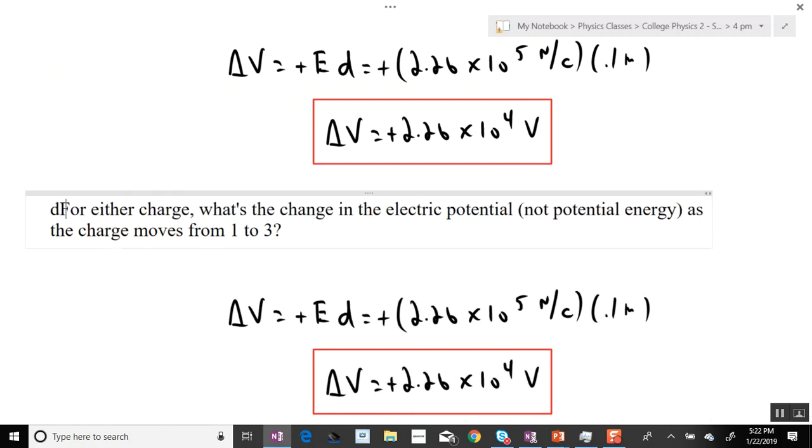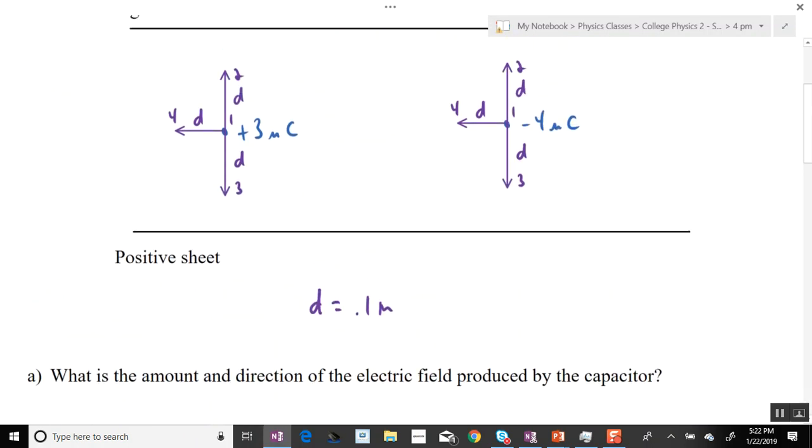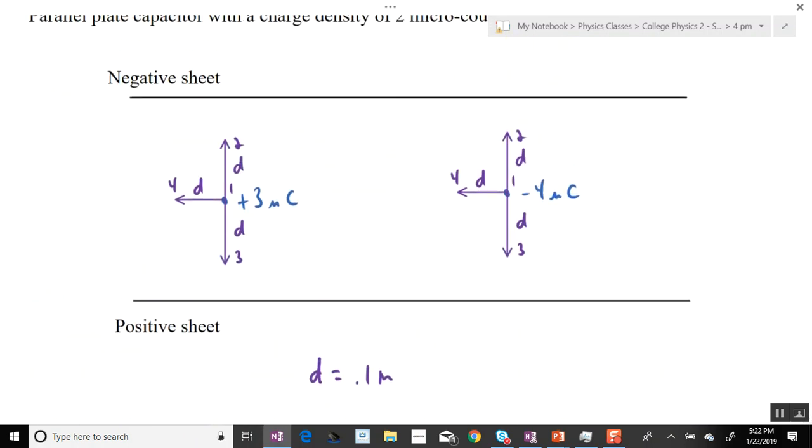Now, the last part with potential is, suppose you go from 1 to 4, which is basically parallel to the plate or to the left. So what would your delta V for that be if you go from 1 to 4? It'd be 0, because you're not going closer or further away from any sheet, so your delta V is 0.